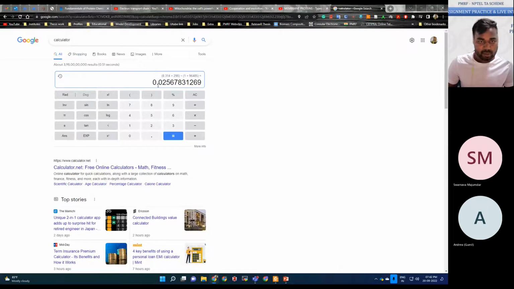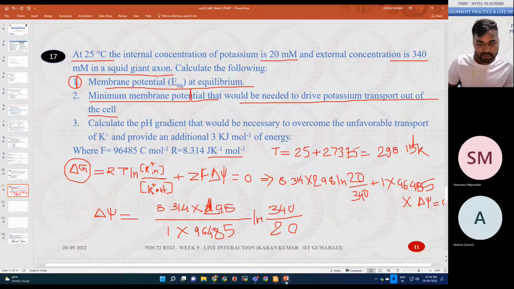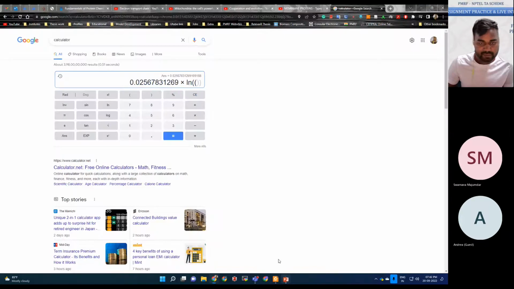This will give you 0.2 something, and then you multiply this by ln of 340 divided by 20. This will give you 0.0727. Okay.